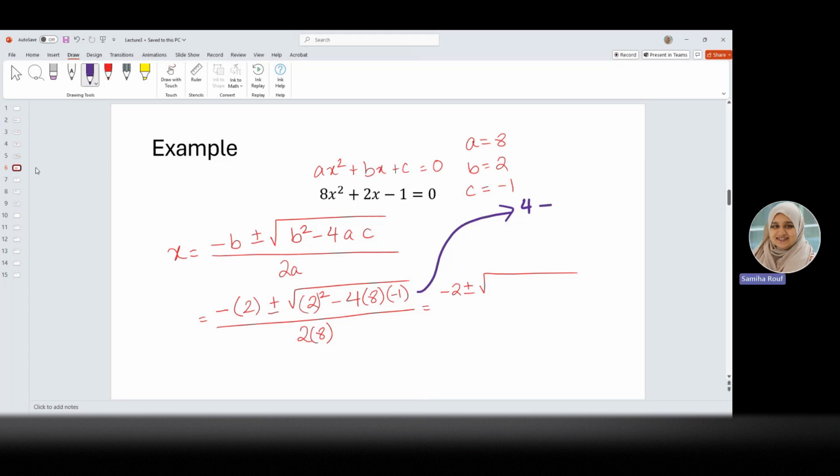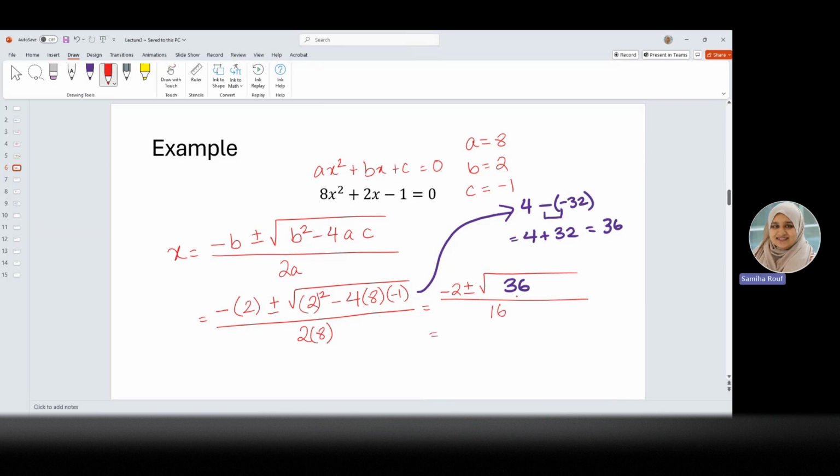So 4 times 8 is 32, but then it's minus a negative, so it's plus 32 inside the square root. So we get 36. And then down here, we have 2 times 8, which is 16.